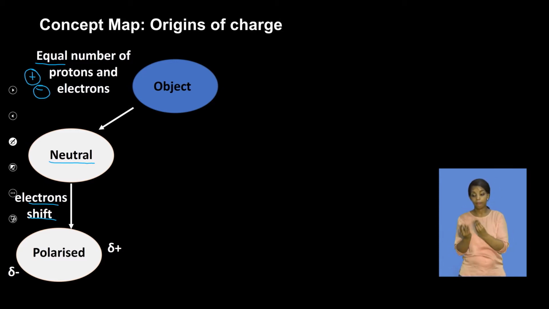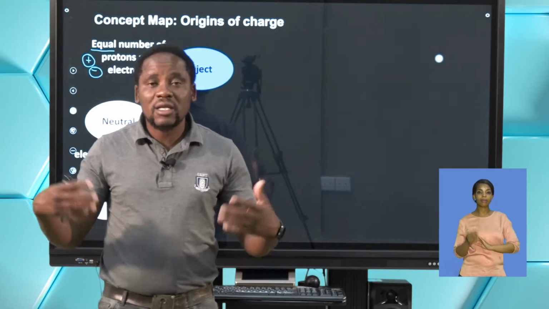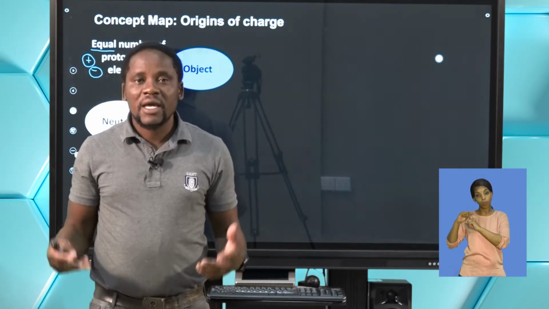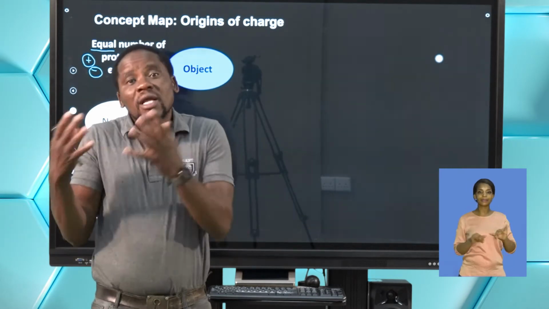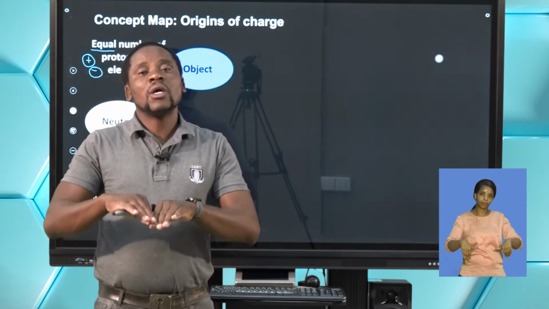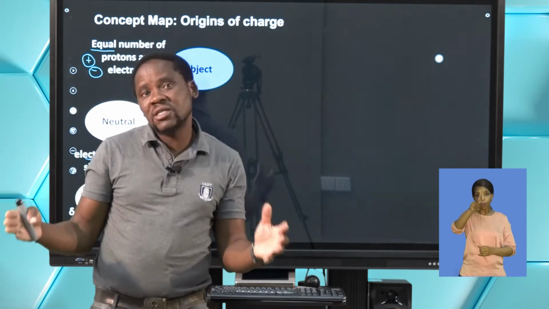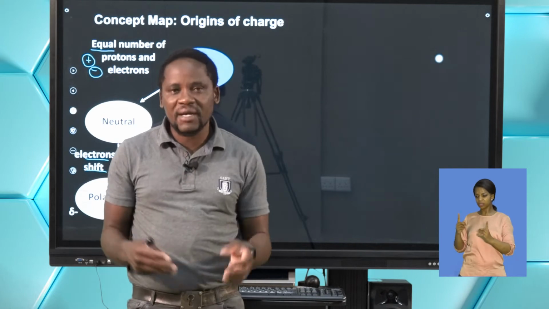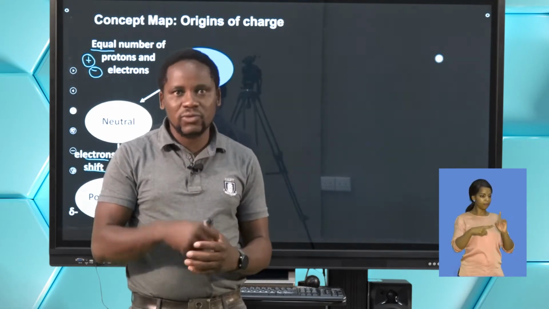If a material is polarized, it means one end of that material becomes more positive, while the opposite end becomes more negative. Still, in essence, the number of positive and negative charges is the same, hence it is neutral. But polarization has to do with two ends of the same material having opposite charge, one becoming positive and the other negative. We shall talk to that as we go along.